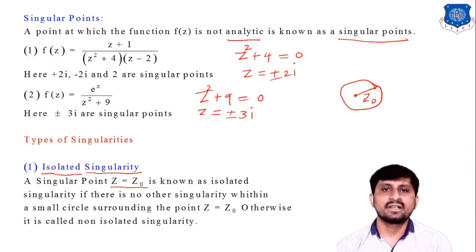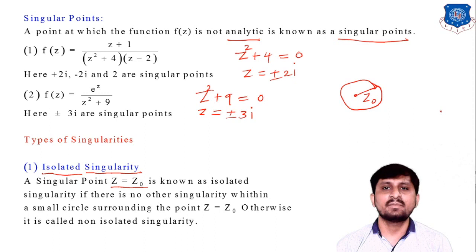Now if you understand this definition properly, then suppose you have finitely many singular points, then all are isolated singular points. I repeat: if you have finitely many singular points, then all are isolated singular points. Why?